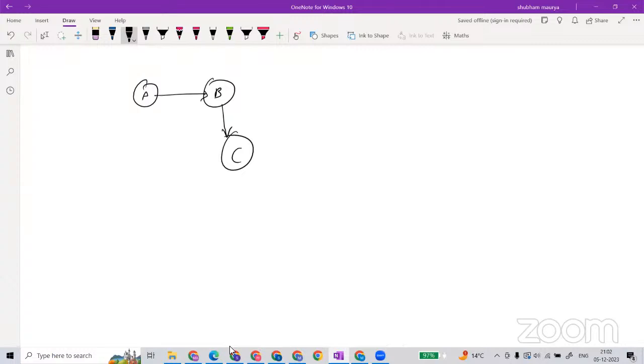In topological sorting, there is a directed graph which is acyclic. Acyclic means there is no cycle in that graph. Then we can sort the vertices, and it totally depends on the logic of dependency of work.